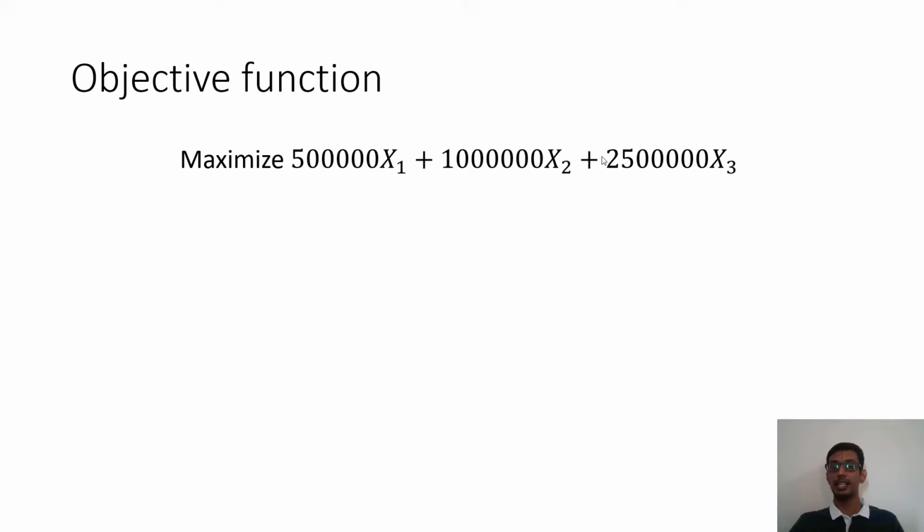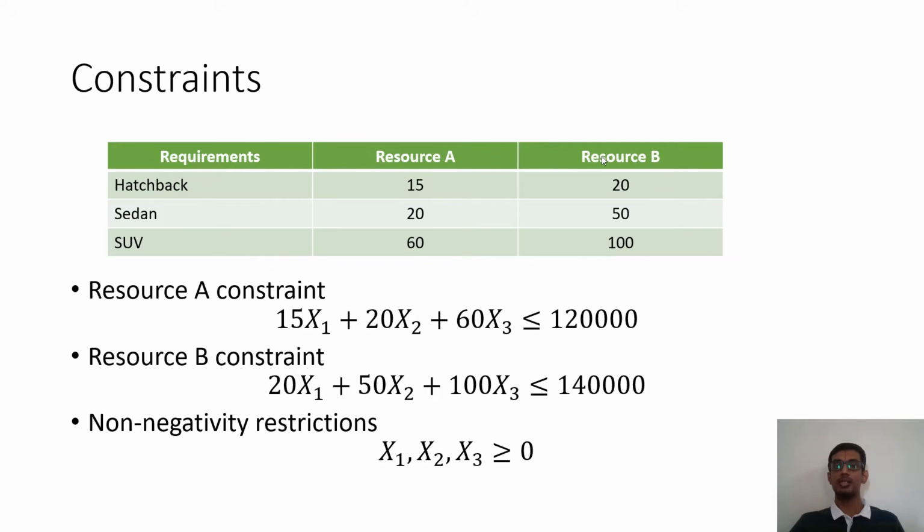And this does not end here. What you need to look at is you have constraints on resources A and B. To produce a hatchback car, you require 15 units of resource A, 20 units of resource A are required to produce a sedan car, and 60 units of resource A are required to produce an SUV car.